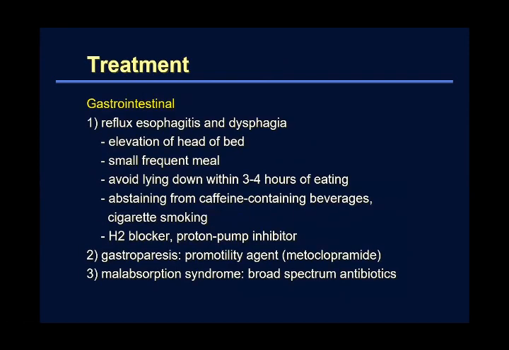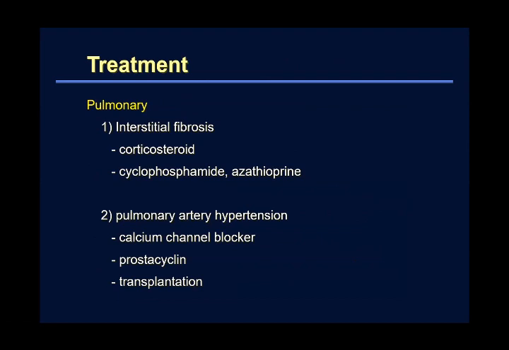So treatment is symptomatic, with early recognition of organ involvement. If the patient has only GI symptoms with skin manifestation, you can treat with PPIs, small low meals, and increase gastric motility with metoclopramide, and if they have malabsorption, treatment with doxycycline.